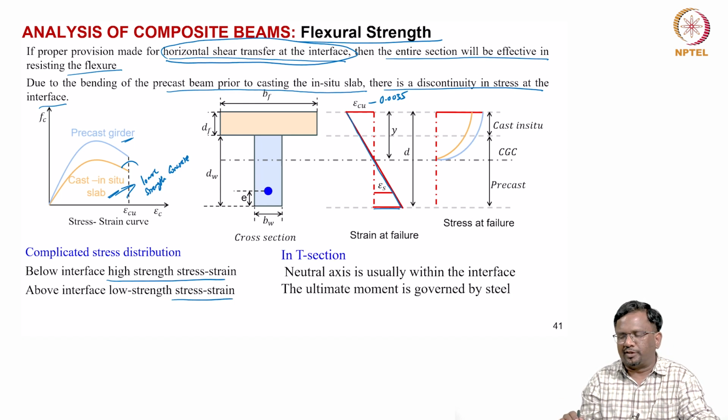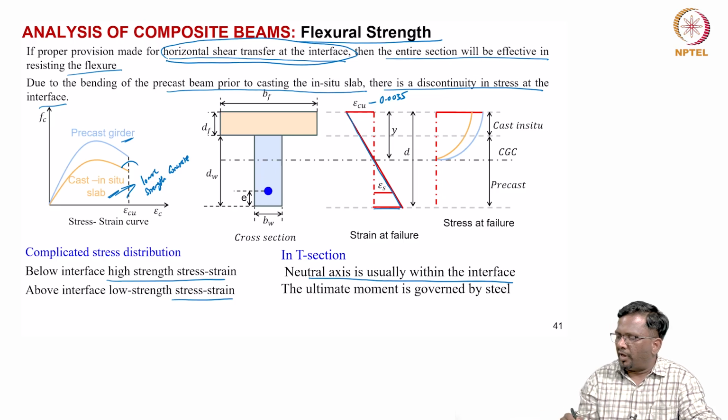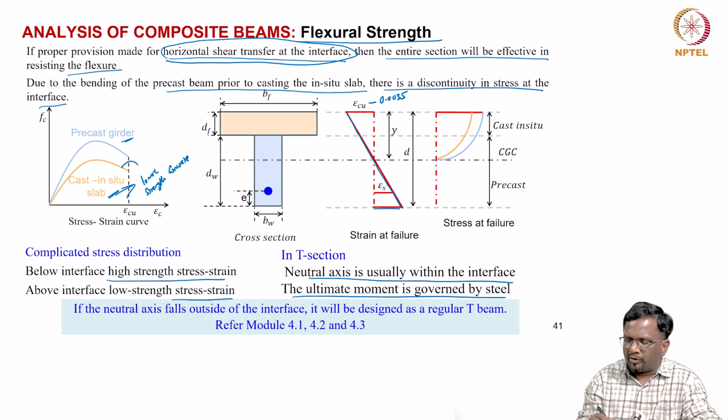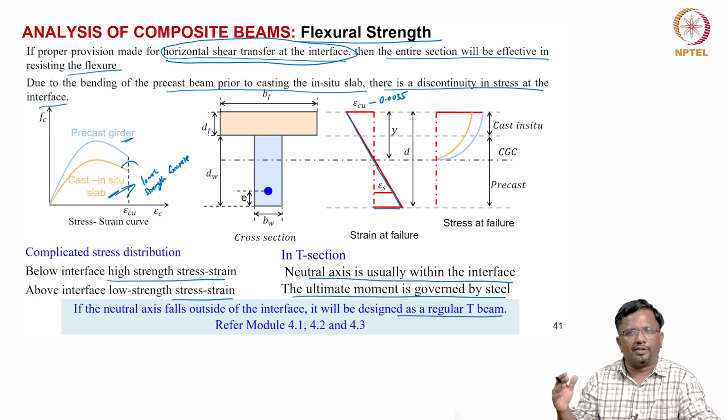So in T sections, typically composite sections or T sections, your neutral axis is usually within the interface, and the ultimate moment will be governed by the steel reinforcement, right. If the neutral axis is going to fall outside the interface, it will be designed as a regular T beam, but typically in a T section the neutral axis will be within the interface, then it will be governed only by the steel, and you can design it like a rectangular section.